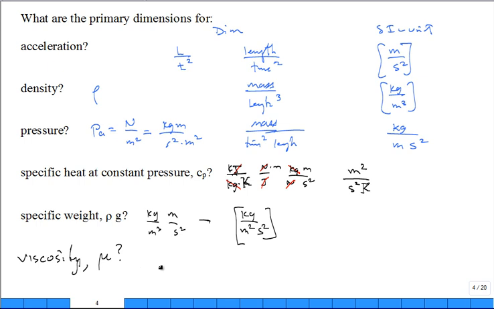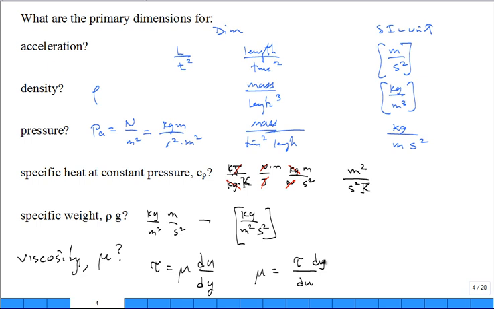So maybe you recall tau equal to mu du dy. If that equation is not right, you're not going to get the right answer, right? So then you say mu is equal to tau divided by du dy, because really that's what that derivative is. It's a change in something over the change in something.